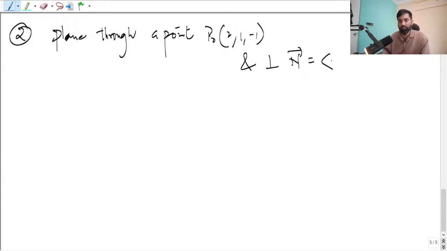This time we are not considering a plane through the origin. Remember, I'm trying to find the equation of a plane through a point. The plane is going to pass through this point, and the normal vector is going to be this.